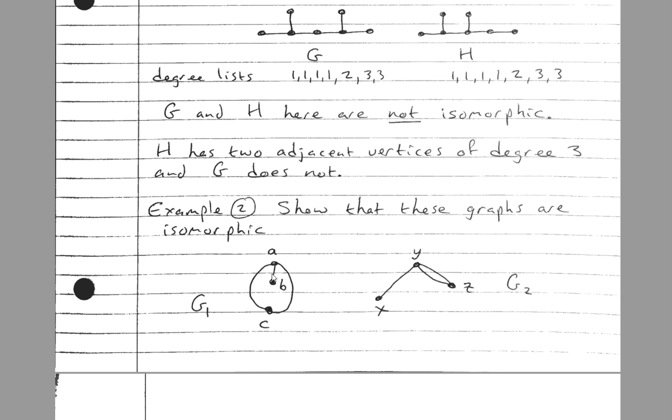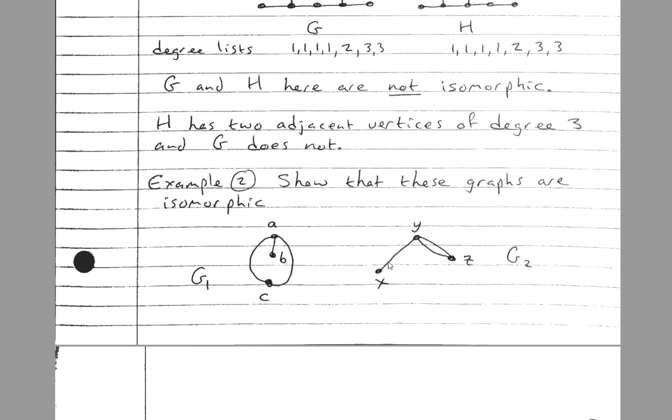Okay, so they certainly have the same number of vertices, edges. The degree lists are the same, 1, 2, 3, 1, 2, 3. And yeah, so if you move this B up here and move this X up here.